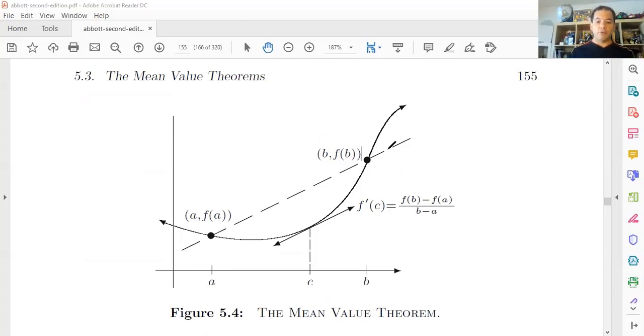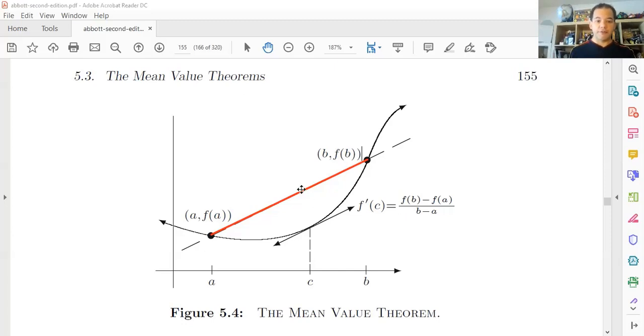If you take a look at the straight line segment that joins the endpoints, from here to here, you can always find a parallel line to that segment which happens to be the tangent line at some point.